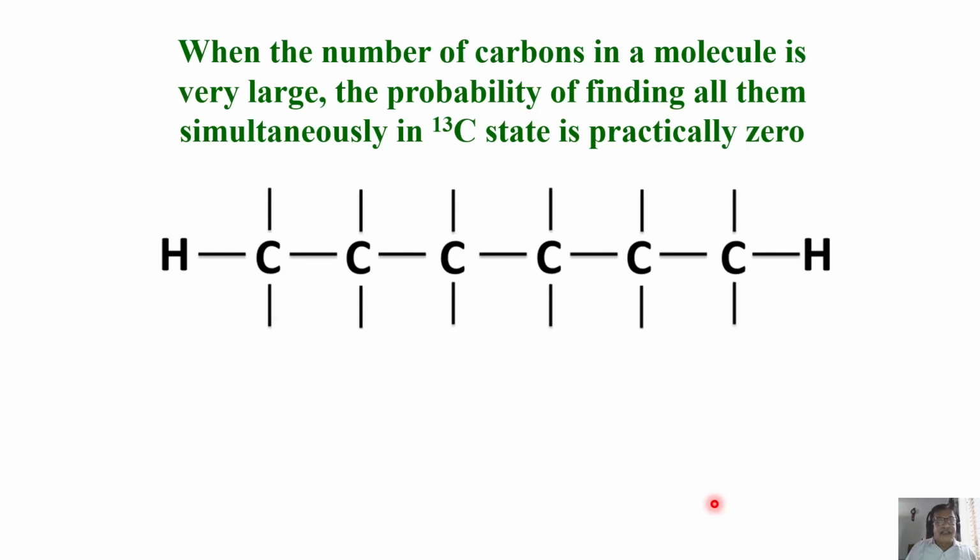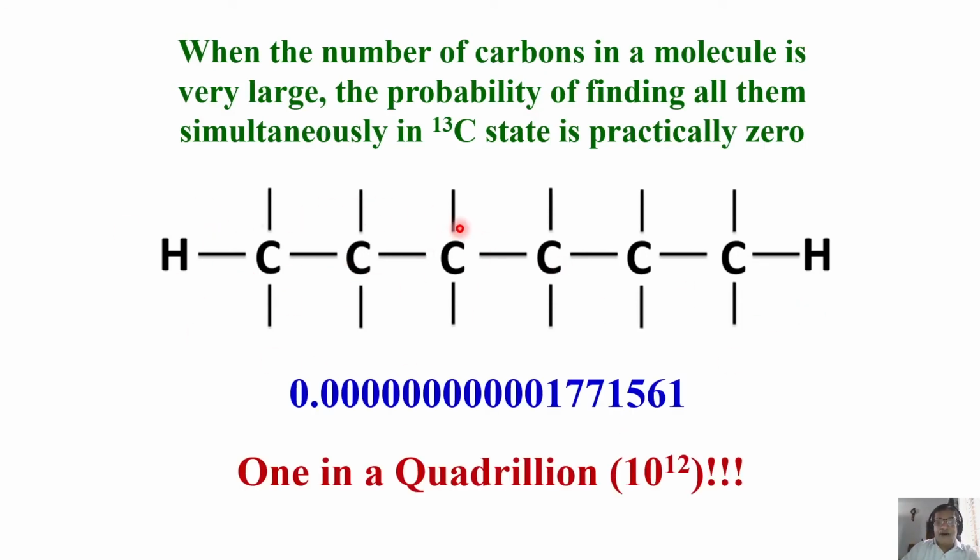Extend the logic. In some of the molecules, you come across several carbons in a chain. In a polymer, you have a lot of carbons in a chain like this. I have taken an example of 6 carbons because up to 3 we know 1 in a million, and now another 1 in a million. So 1 in 10 to the power of 12, 1 in a trillion. The probability of all the 6 carbons to be present in the carbon 13 state is 1 in a trillion.